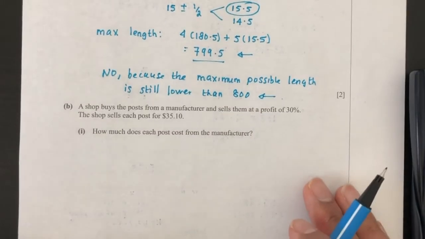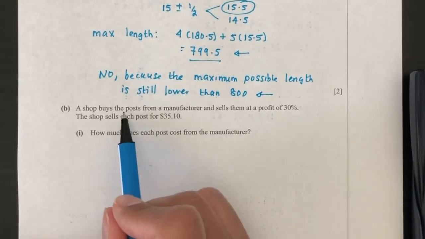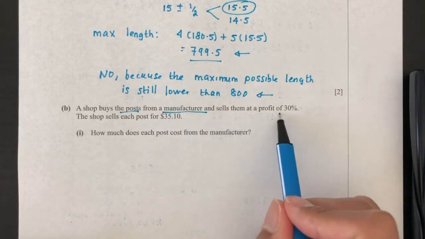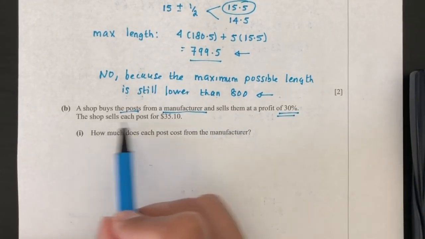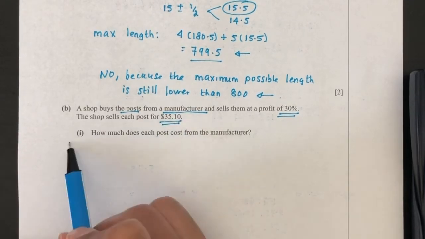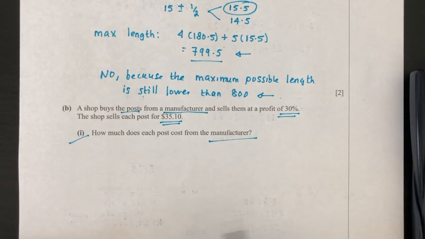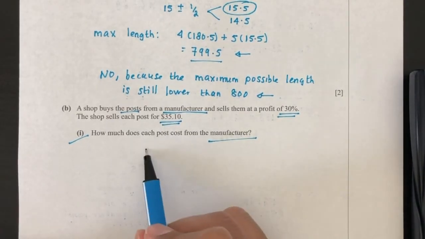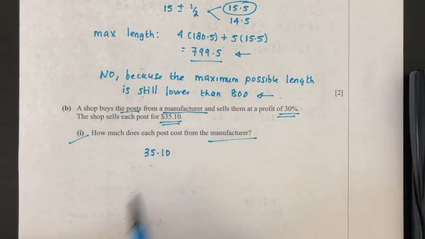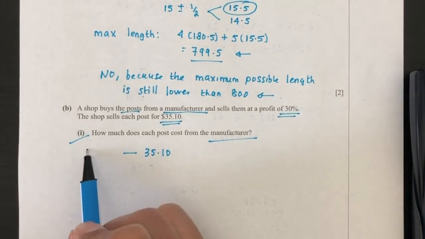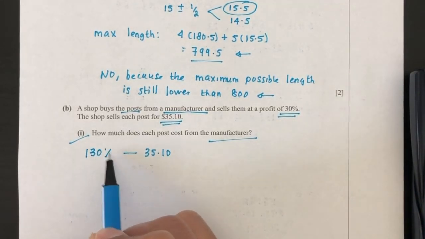Now for part B, a shop buys the posts from a manufacturer and sells them at a profit of 30%. The shop sells each post for $35.10. Part 1: how much does each post cost from the manufacturer? So the selling price is $35.10, and this has a profit of 30%, which means the price right now is 130%.